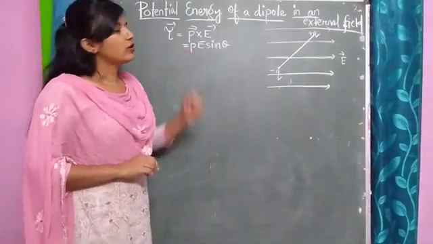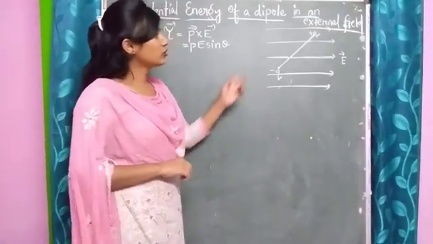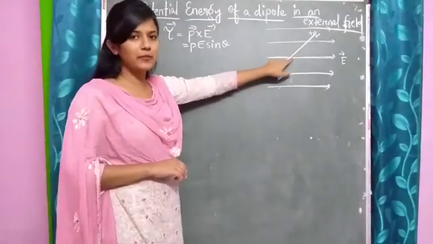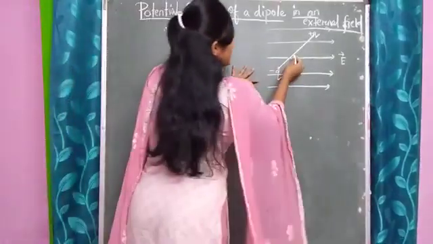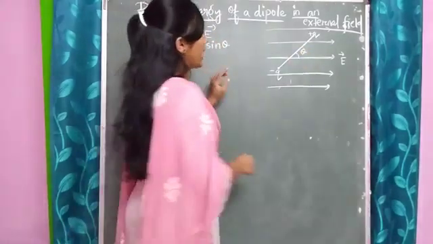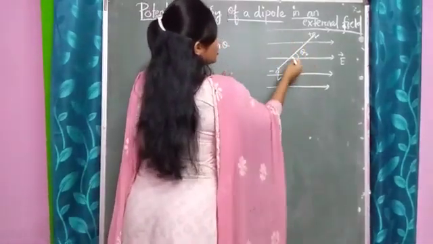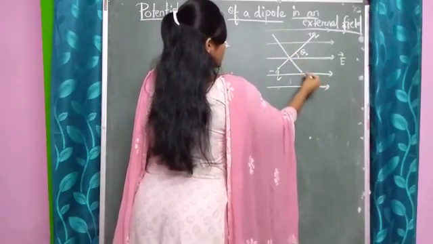Suppose an external torque is applied in order to rotate this dipole against the torque, from angle theta naught to an angle theta 1.